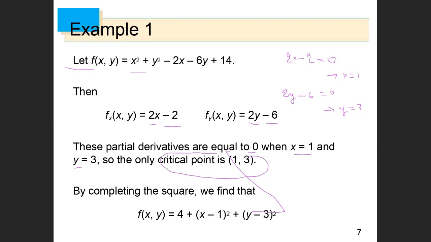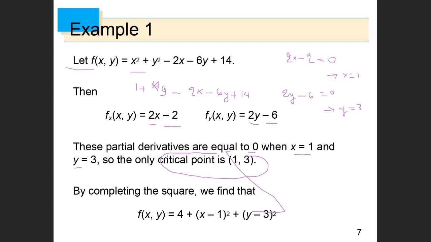Now, if you complete the square, what do you find here? We are plugging these values into our function. Now, if you plug in 1 plus 9, minus 2x minus 6y plus 14, we're trying to work on the function by completing the square.